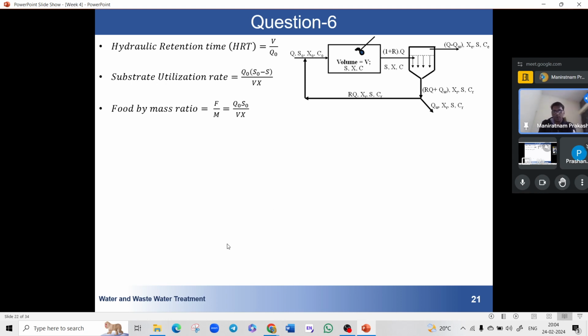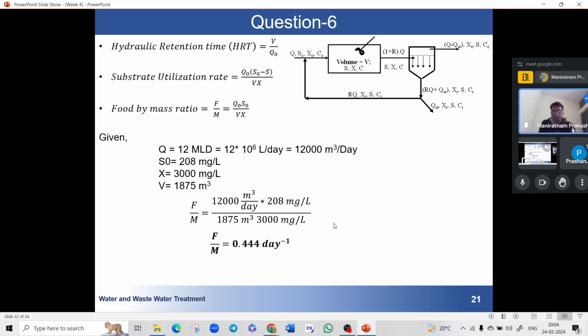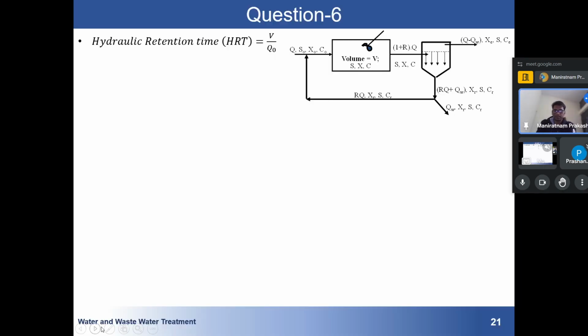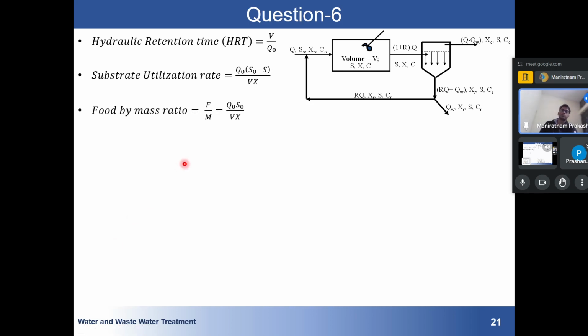Generally when we talk about a ratio, it is a unitless quantity, but remember this thing. Whenever we talk about a ratio, we think it is dimensionless. But for this food by mass ratio, you can check the unit.